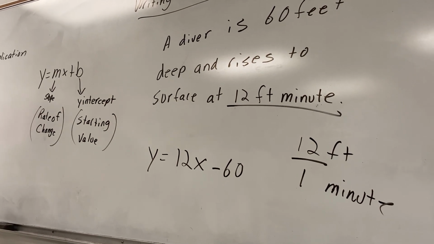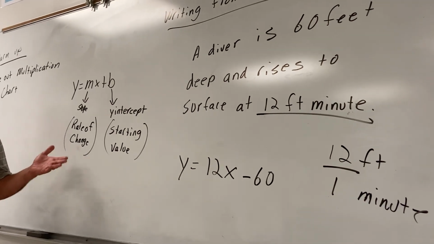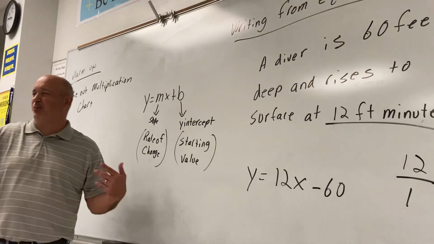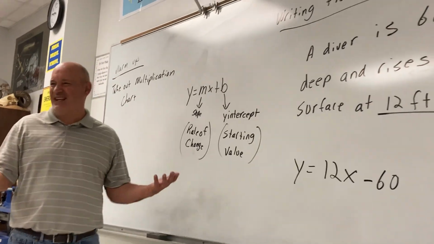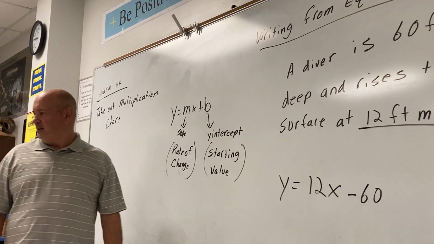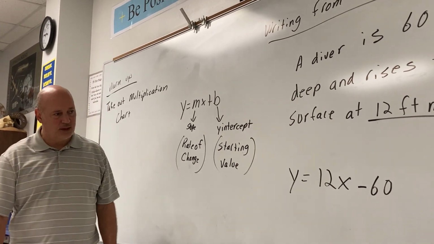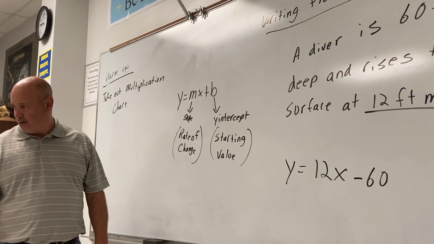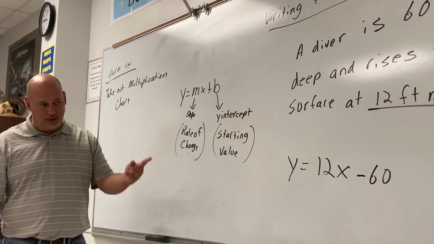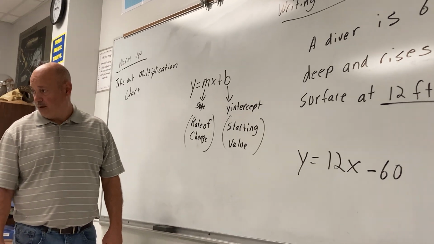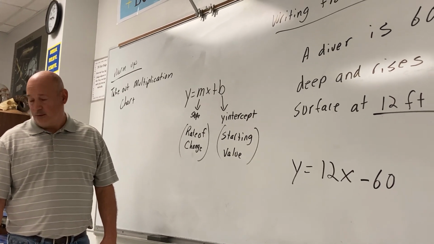Somebody tell me what the y-intercept of negative 60 means. They may ask you to interpret the meaning. What does negative 60 mean? I think it means where you started before you went up. But you've got to use the number. We didn't start at 60.